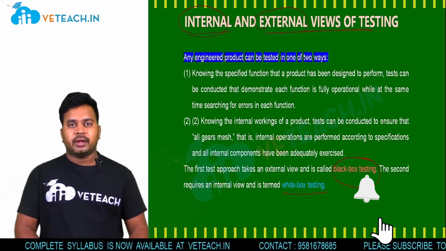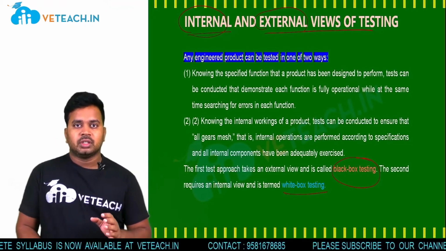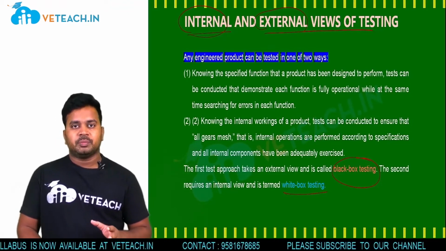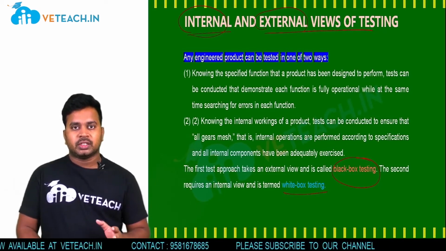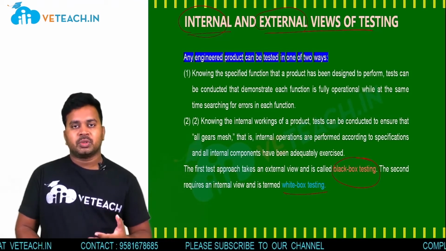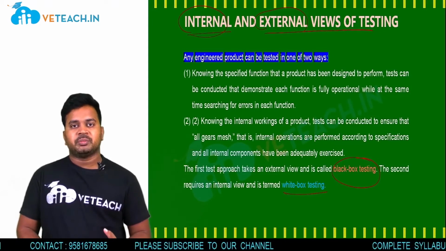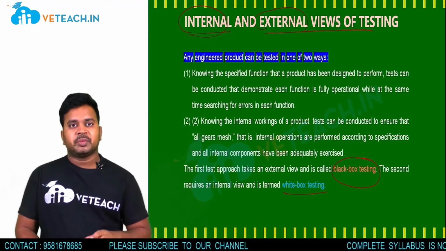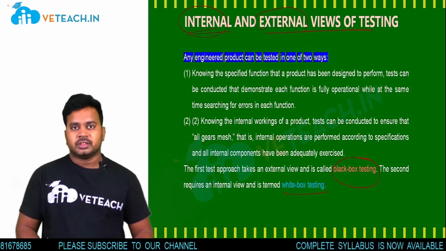Internal testing mainly focuses on the code. The code the developer wrote will be tested. It will have a number of paths, switch statements, if statements, and while loop statements. Each and every statement and structure should be tested in internal testing.